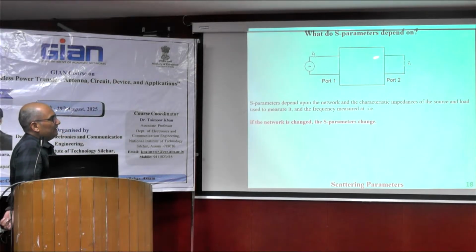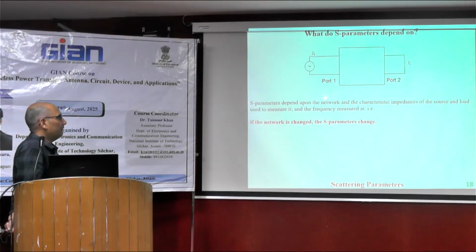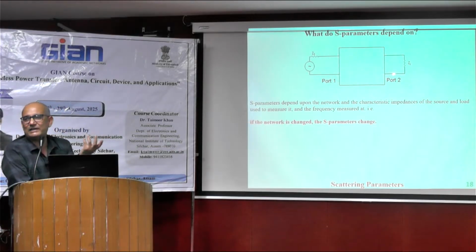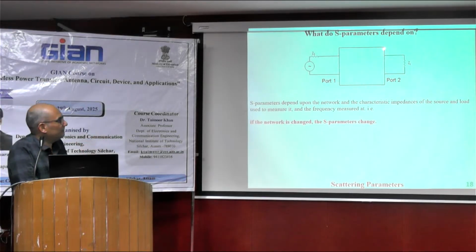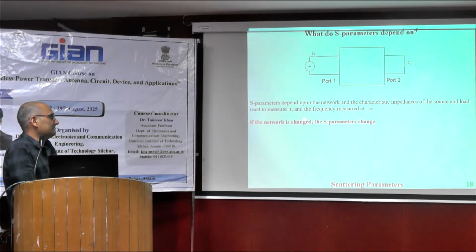What S parameters depend upon is important, meaning what things can change the S parameters. This black box characteristic should change, and what parameters are responsible for that? If the network is changed, then the S parameters change. Network is changed means earlier you had a pi combination, you replace it with a T combination, then the entire parameters will be changed.